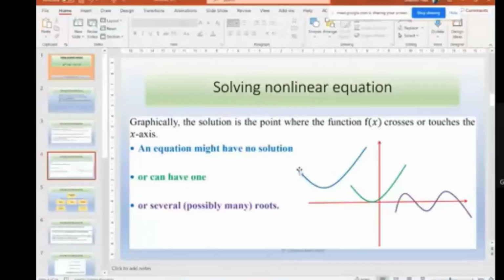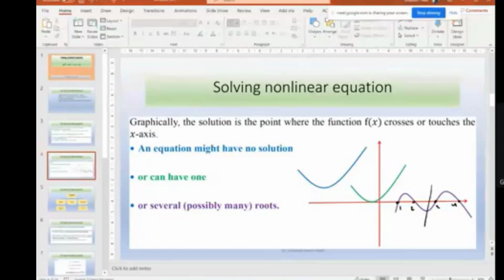Some functions have many roots, like this. This function has, as you see, 1, 2, 3, 4 intersections with the x-axis. We have 4 roots.